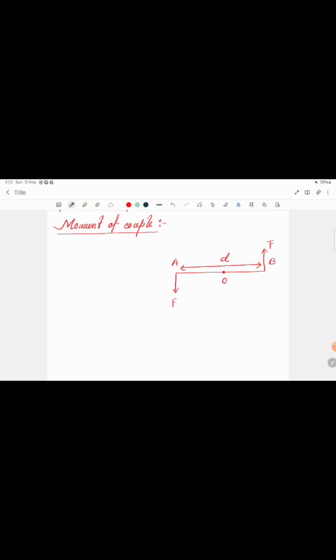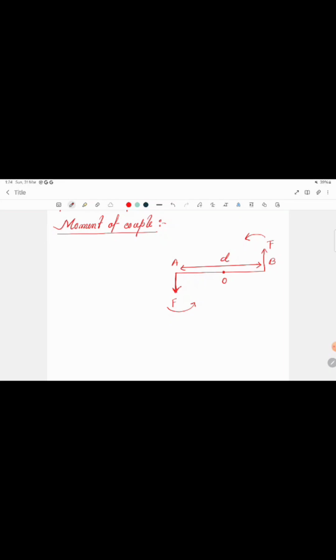Now we can easily say if we apply some force in this direction, the body will move in the anti-clockwise direction, and in the same way, when we apply the force at A, the body will move in the anti-clockwise direction.